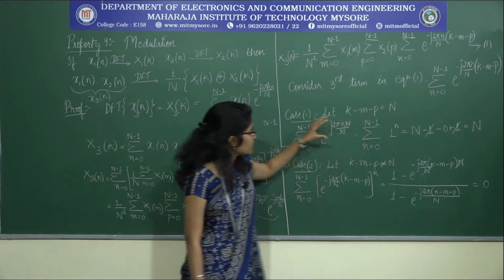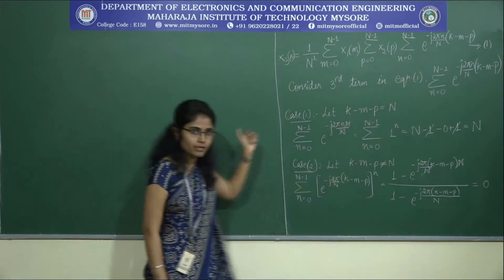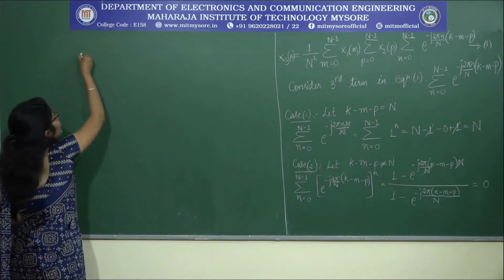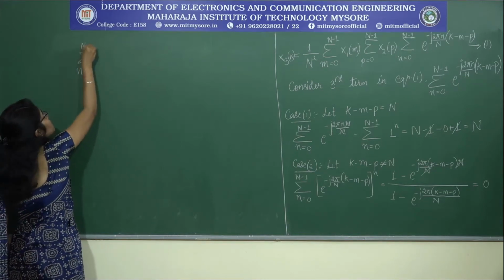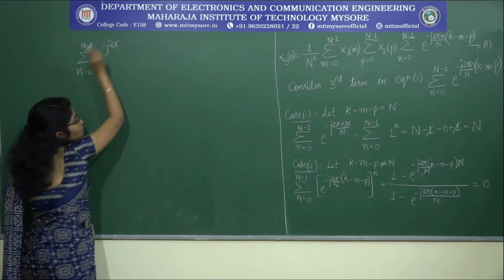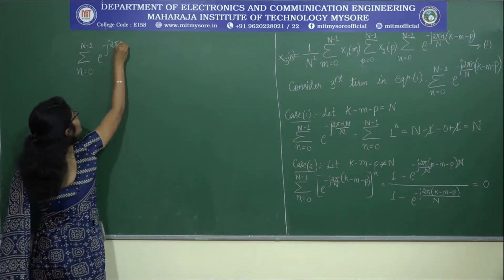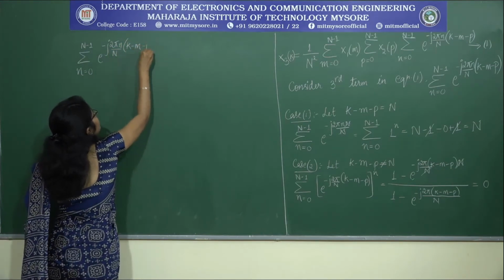Now let us write it aside and then substitute in equation number 1. If I rewrite it, I can write it as summation n ranges from 0 to N minus 1 e power minus j 2 pi n by N into k minus m minus p.